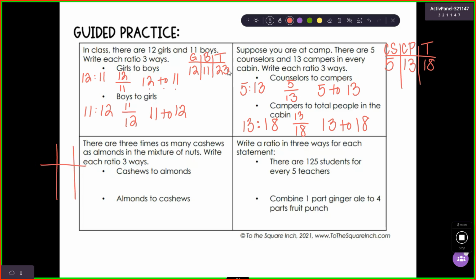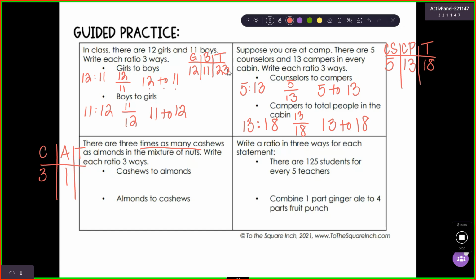Make my ratio table. So, I'm going to have some cashews, I'm going to have some almonds, and then I'm going to have a total. I have 3 cashews because it says 3 times as many cashews as almonds. This is something that you need to study: that order matters. If it says 3 first, that's the first category.